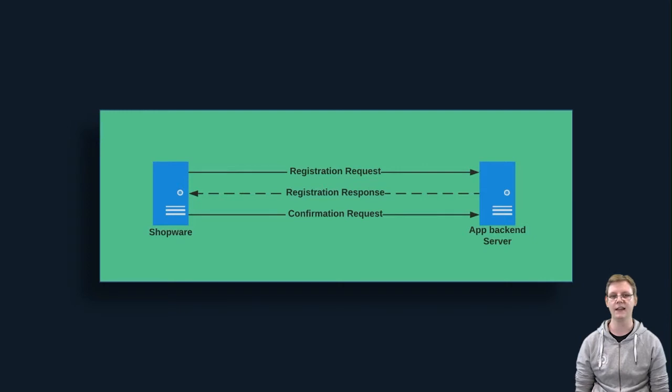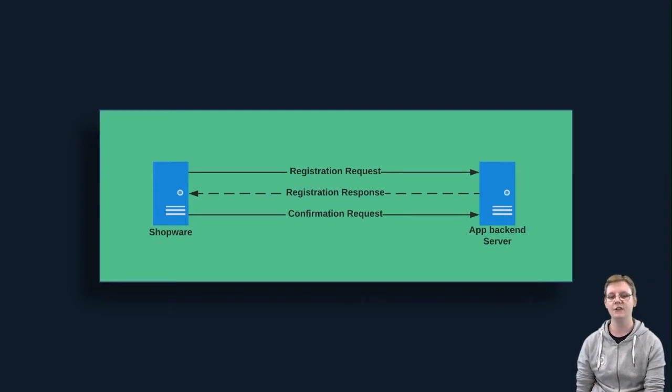The app backend server can then register the shop, verify the request and the license, and then return a response with a further step and a secret, so that the Shopware instance from that point on can authenticate itself against the app. So you always know from which Shopware instance requests come, and that they are necessarily from that instance.